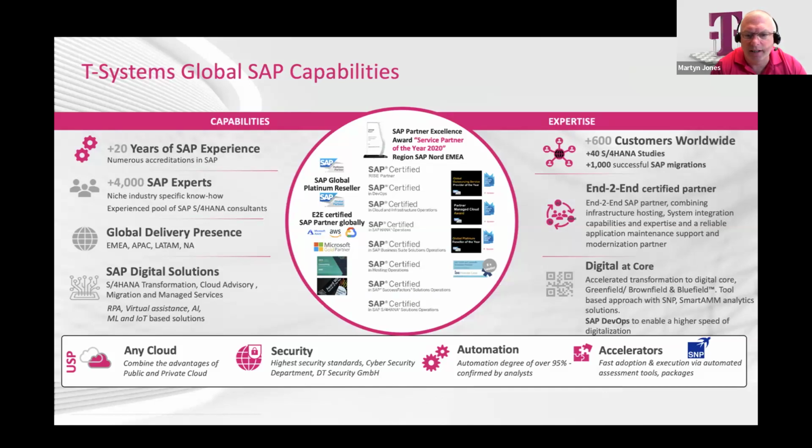We're one of the key strategic partners of SAP that have got all the main certifications. As you can see, those certifications are in the middle of the screen now. And we've got over 650 customers worldwide where we deliver end-to-end SAP delivery.